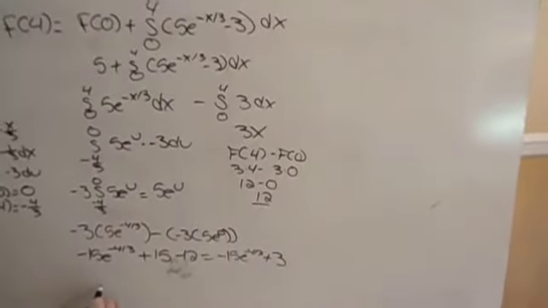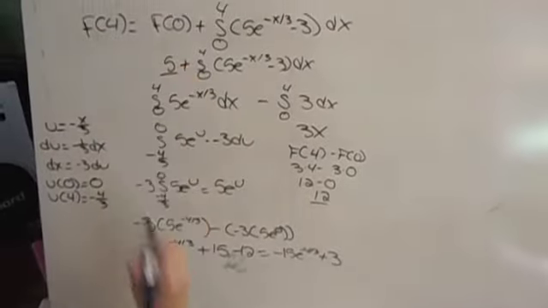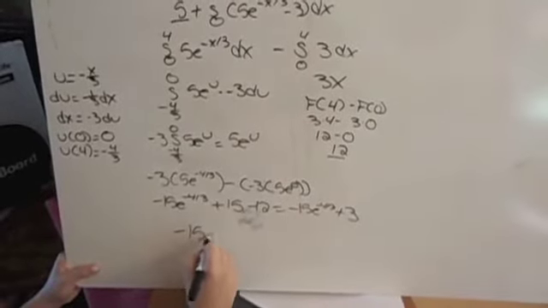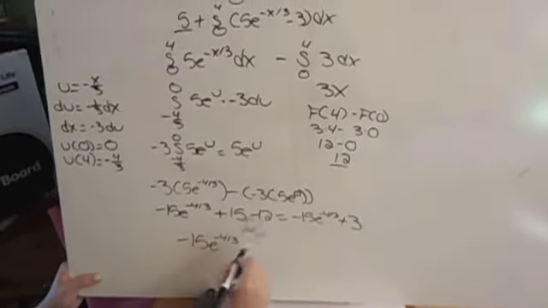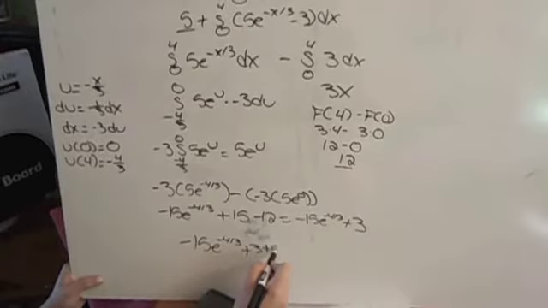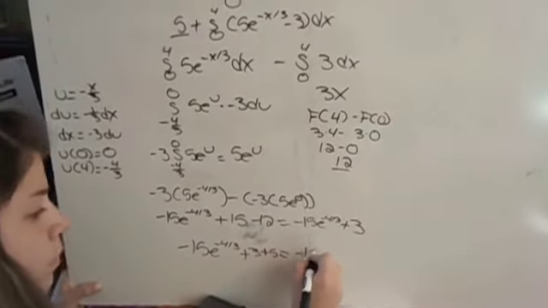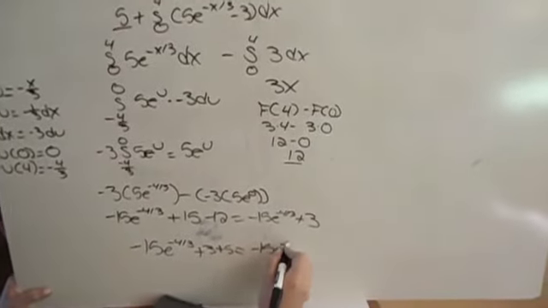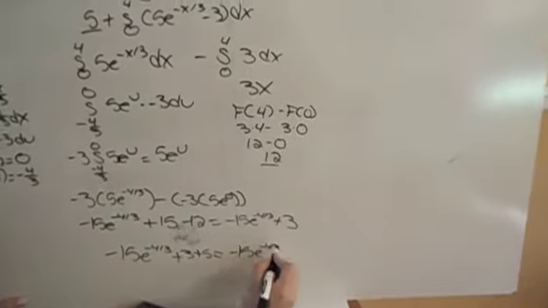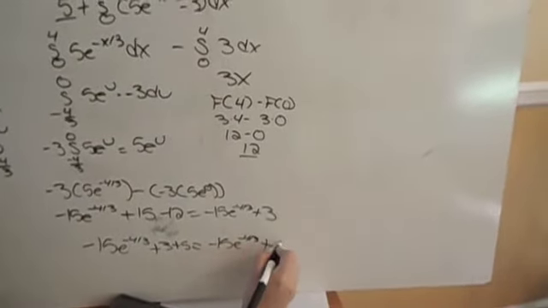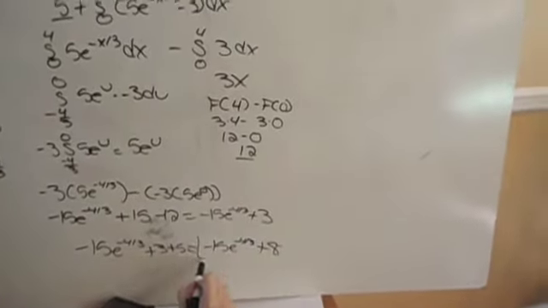But we can't forget to add the 5 from the original equation to get f of 4. So it becomes negative 15 e to the negative 4/3 plus 3 plus 5, which makes f of 4 equal to negative 15 e to the negative 4/3 plus 8.